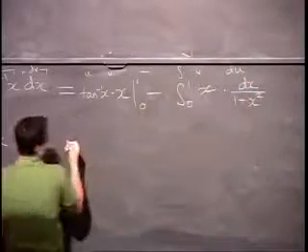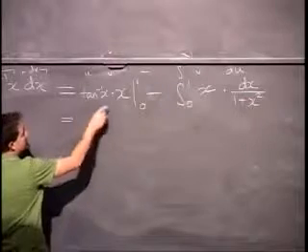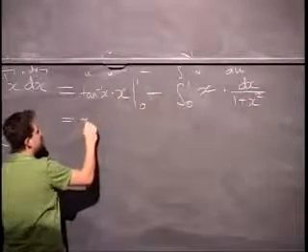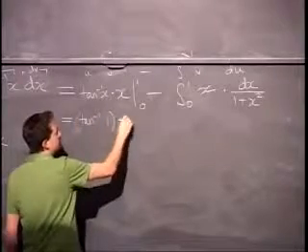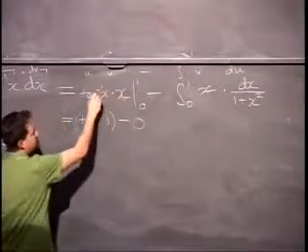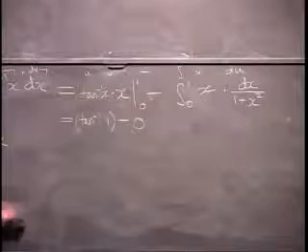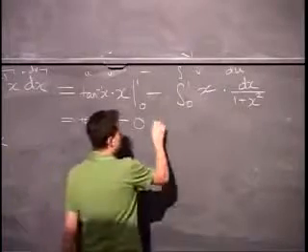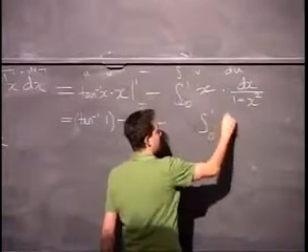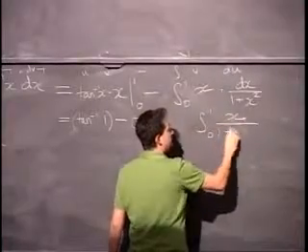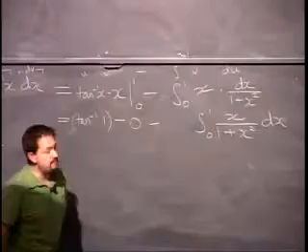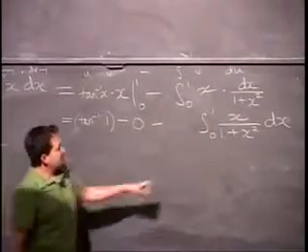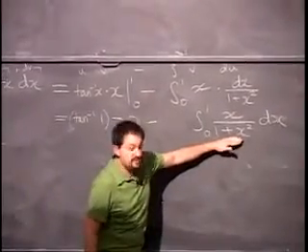All right, let's start working this out. When I plug in 1, I get inverse tan 1 times 1. And when I plug in 0, I get 0 times inverse tan 0, which is 0. And this integral looks like x over 1 plus x squared dx. Now, you may remember from before that I did an example almost just like this.